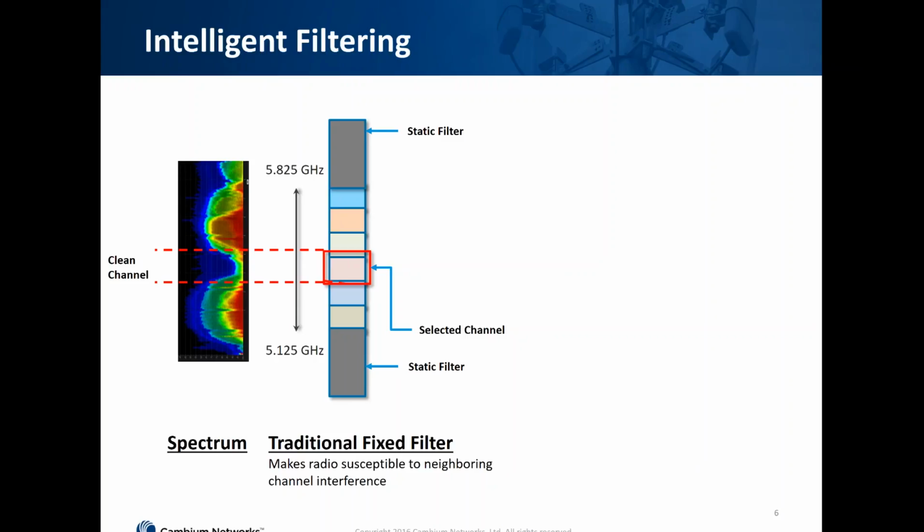So we have what we call static filters. The problem is that larger pieces of interference either side of that clean channel can leak in, because my filter isn't covering it fully, and still impact the performance of the radio, even though I'm only trying to operate on that clean channel in the middle.